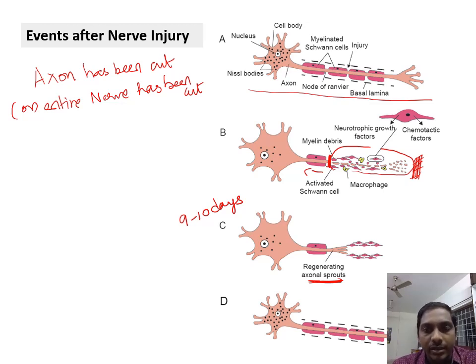So the entire thing distal to the site of injury, all those axons, myelin sheath, supporting nerve cells, Schwann cells, all will undergo an inflammatory reaction. When there is any inflammatory reaction, neutrophils and macrophages take part, and the macrophage will phagocytose, meaning it will eat all the dead nerve cells, and this process is called Wallerian degeneration.